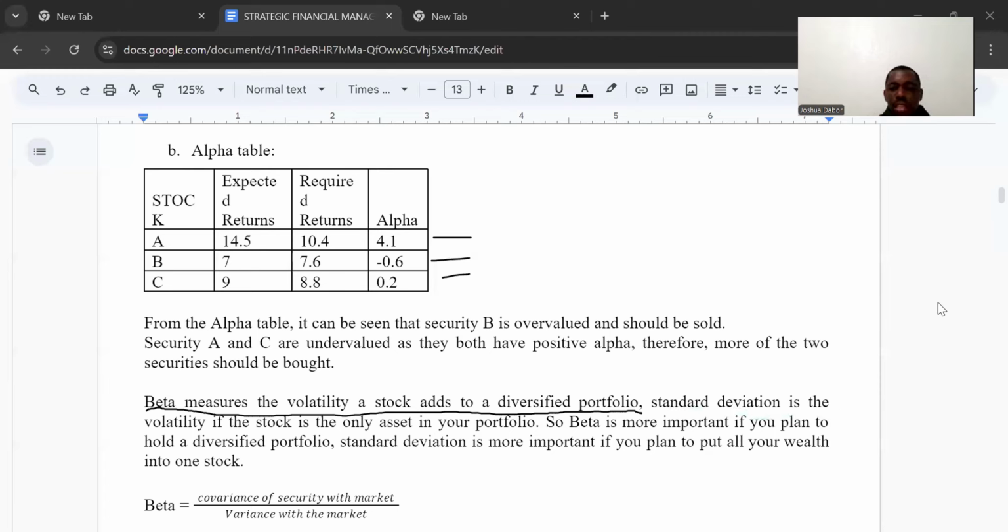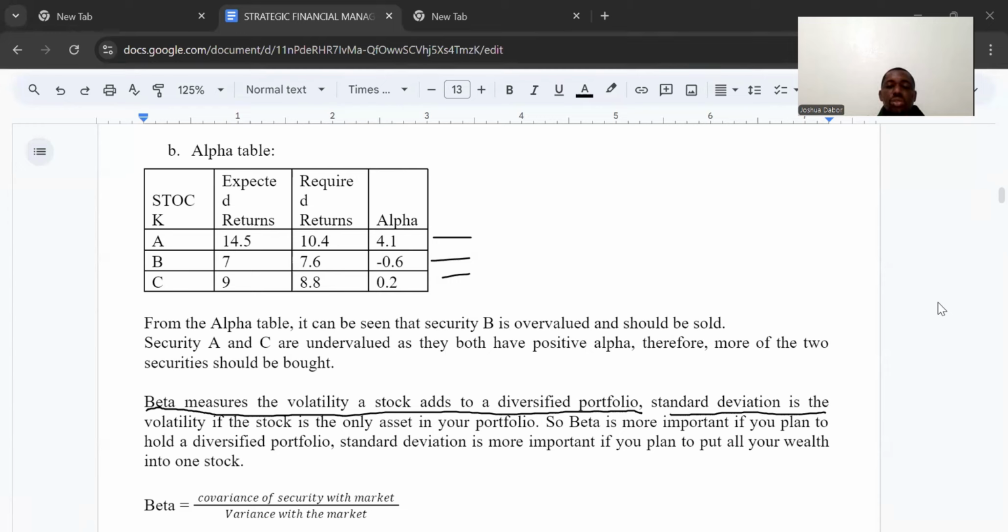Okay. So the standard deviation measures the volatility of a stock if the stock is the only stock you have in your portfolio.